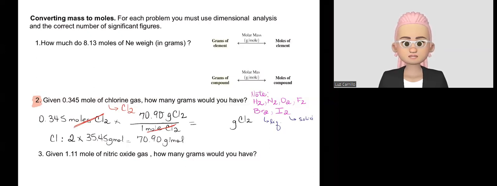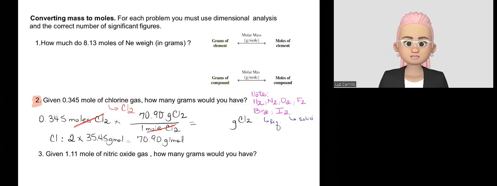So I'm going to take 0.345 and multiply it by 70.90. My calculator display shows 24.4605 as my result.